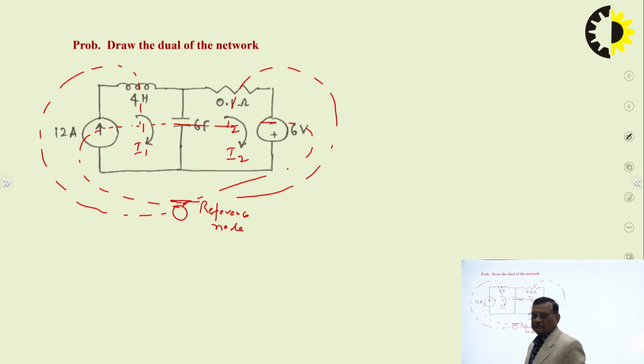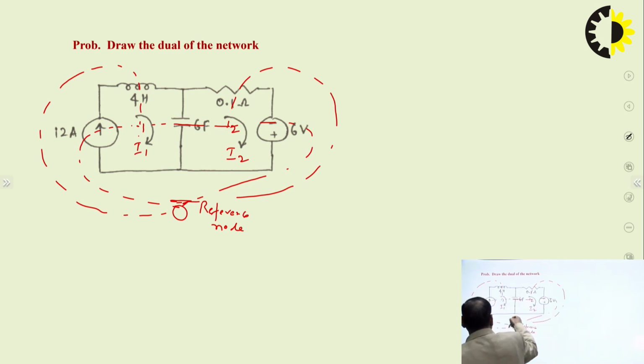If you remember the procedure for how to draw the dual of a network, connect the nodes: first node, second node, reference node. This way we connect, traversing one element at a time.